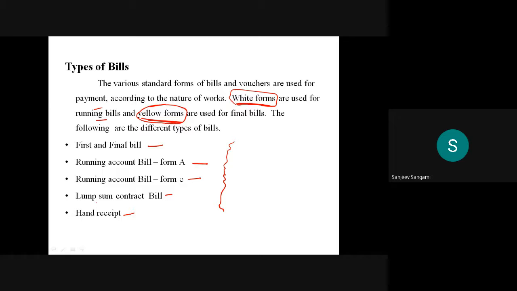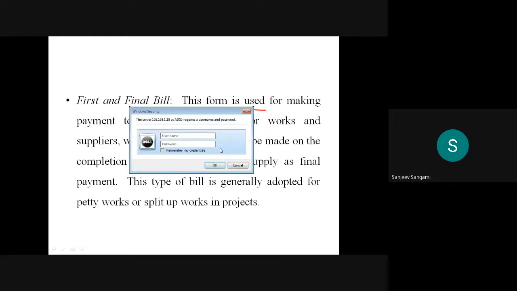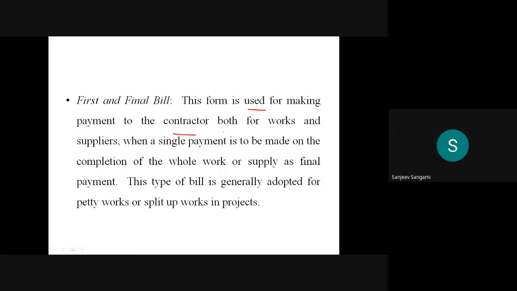Whatever these forms are, they will be maintained in the government organizations. First and final bill: this form is used for making the payment to the contractor, both for works and for suppliers, when a single payment is to be made on completion of the whole work or supply as a final payment.